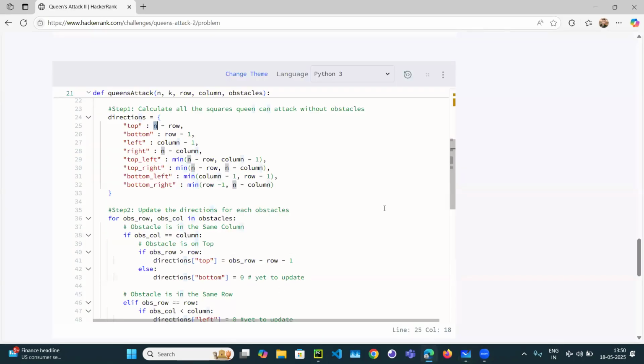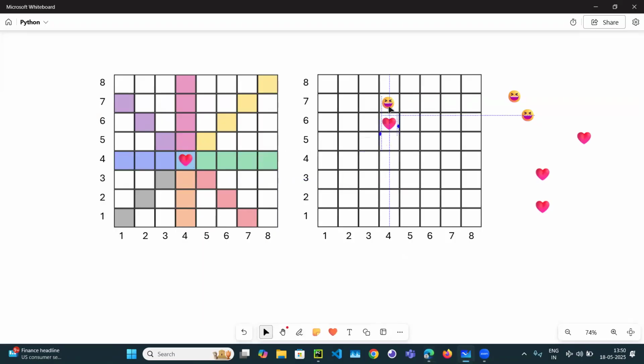We updated that. Now for the bottom, let me try for the bottom. So let me put some here. If queen is here, earlier without obstacle it is 1 2 3 4 5 6 7, 7, right? But if obstacle is here, just 2.